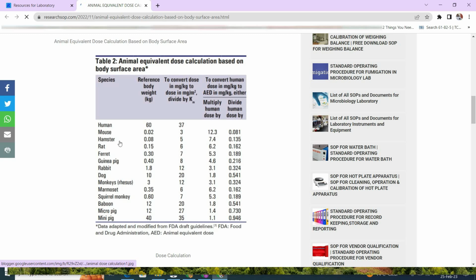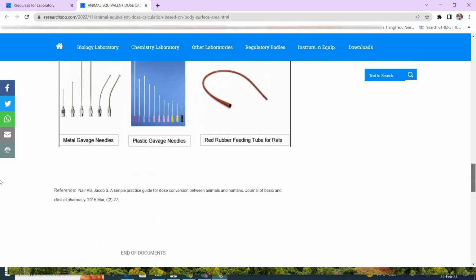Mouse is 12.3, hamster 7.4, and rat 6.2; parrot, guinea pig and rabbit, all they have written here. So you can share it by WhatsApp. This is the conversion factor chart. You can find it this way. Here you can find the references too, and below we have written the references.